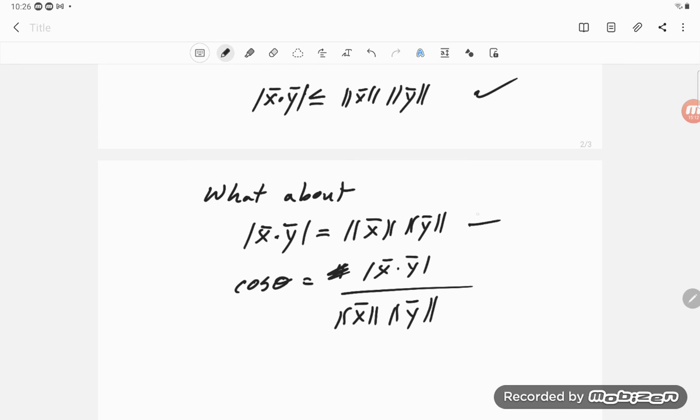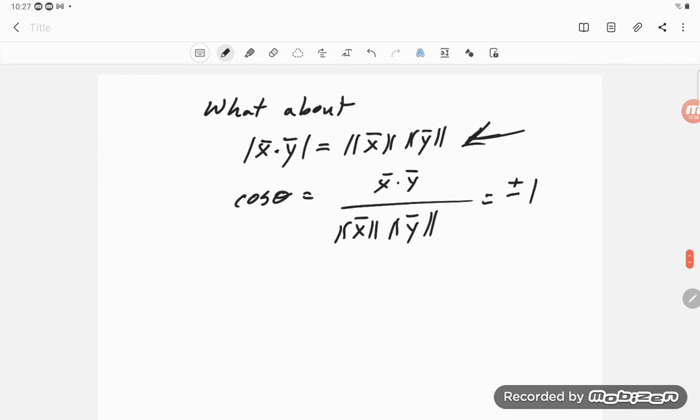And if we want equality, then we want this to be 1 or, oops, again, I put some absolute values there for cosine, which I didn't want. And so you see, we want this to be plus or minus 1 in order for equality up here.